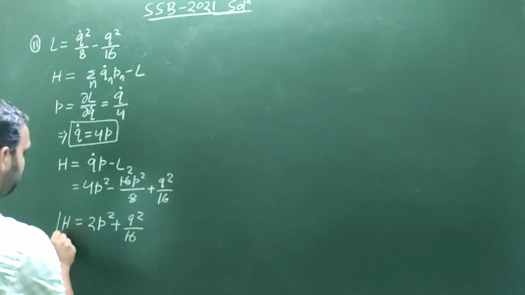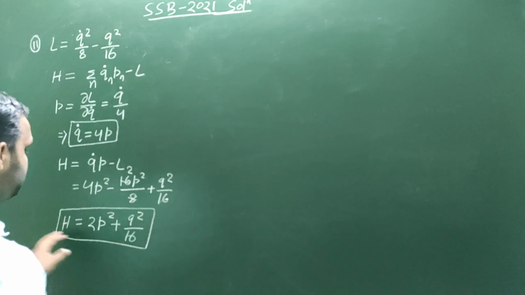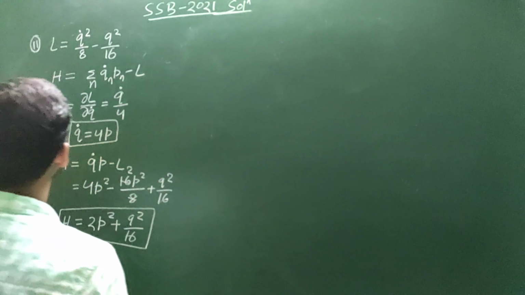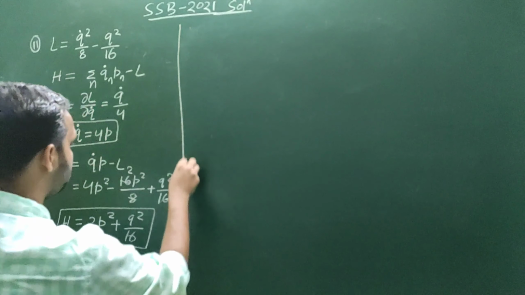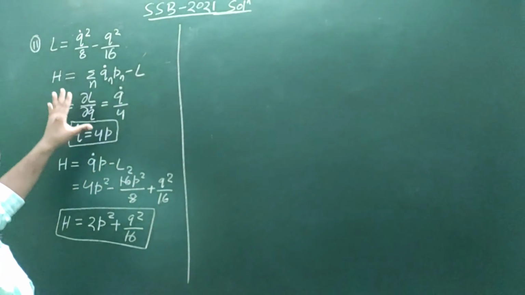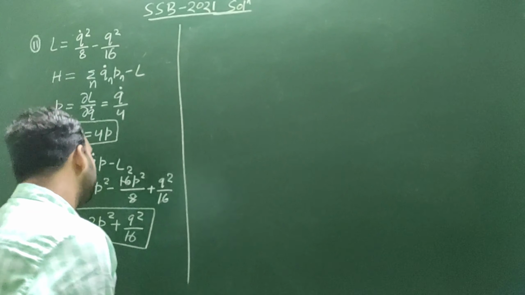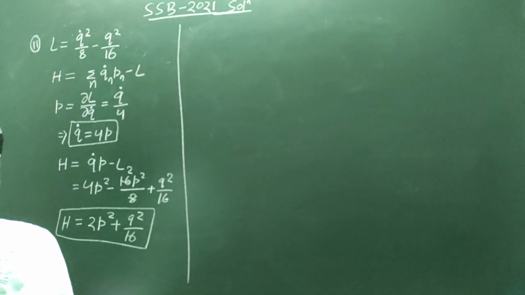This is the Hamiltonian. So the option with this Hamiltonian is the correct option. This was quite simple, but you must do these calculations. You have to apply the correct formula, and you will get the answer easily.